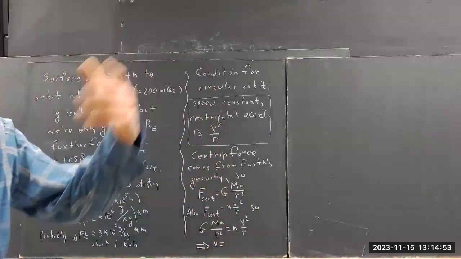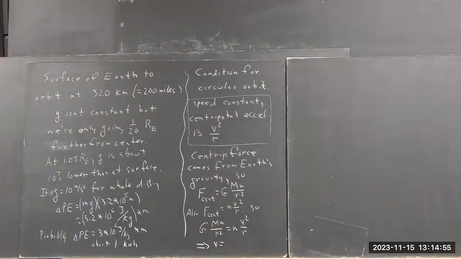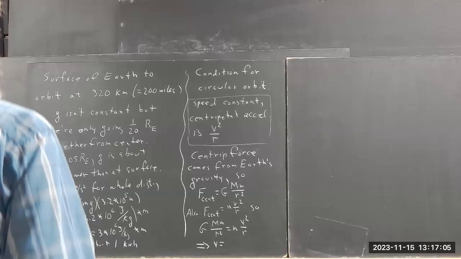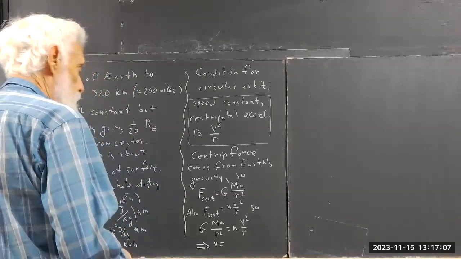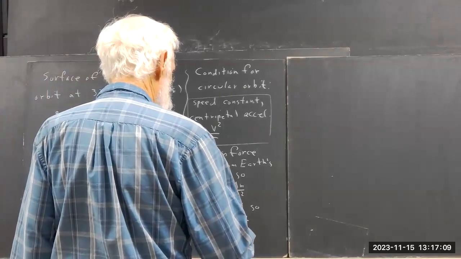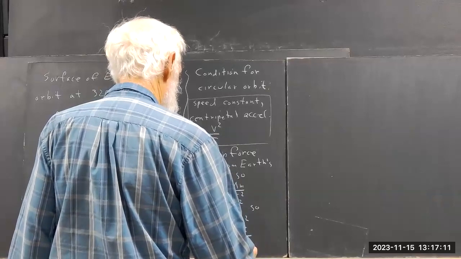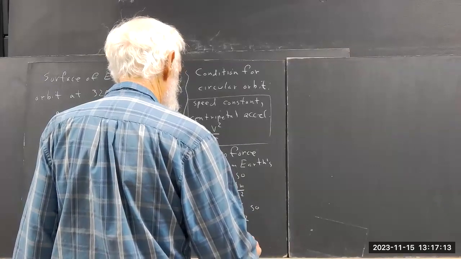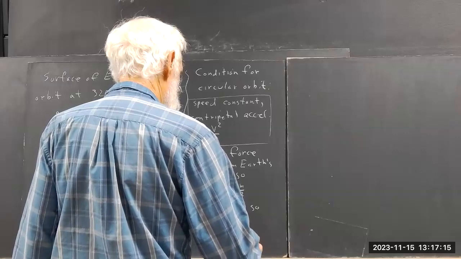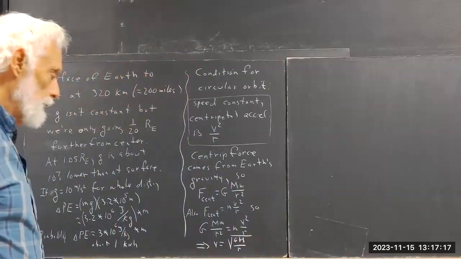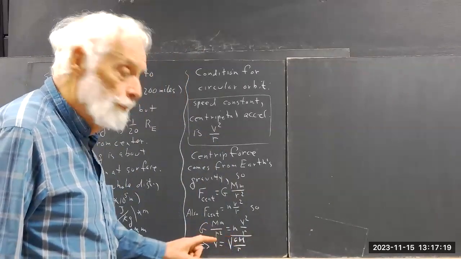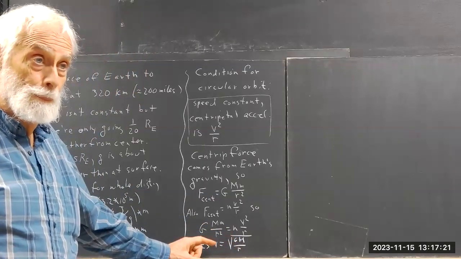Okay, go ahead and get your expression for v. You've got an equation, solve it for v. We just do the algebra here. We get v equals the square root of big G, big M divided by r. Now, implicitly, big M is the mass of the Earth.